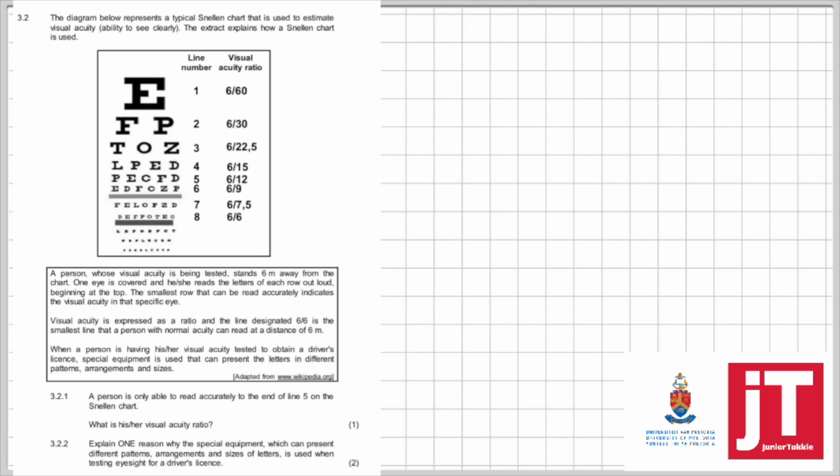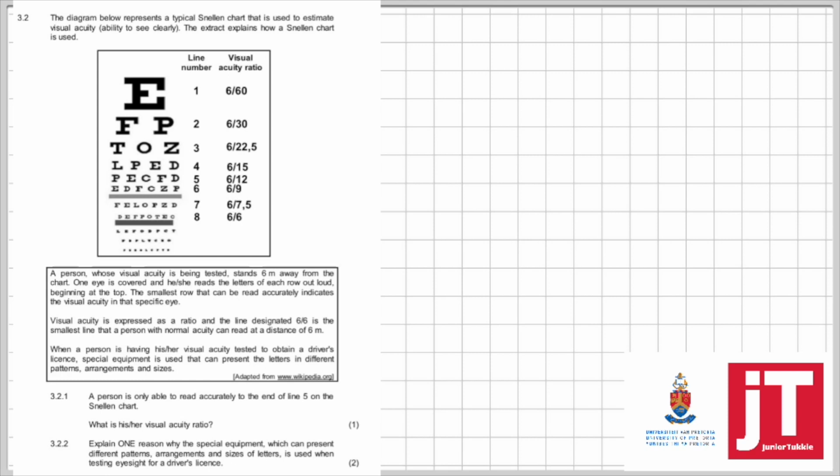Right, let's look at 3.2. The diagram below represents a typical Snellen chart that is used to estimate visual acuity, which is the ability to see clearly. The extract explains how a Snellen chart is used. I'm sure you must have seen this when you go for your eye test. A person whose visual acuity is being tested stands 6 meters away from the chart. One eye is covered when he or she reads the letters of each row out loud, beginning at the top.